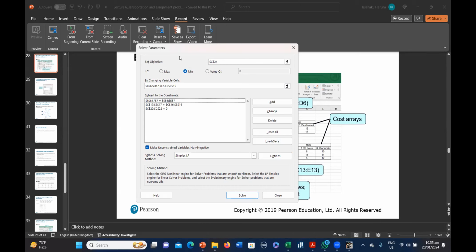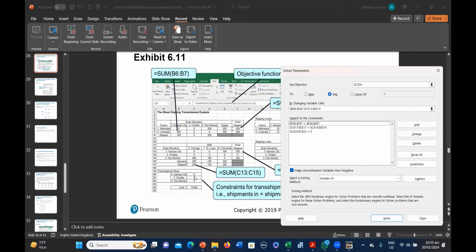So the way of selection is similar to what we did with the transportation. The only difference is the transshipment constraint, where you select from C20 up to C22, which should be equal to 0.